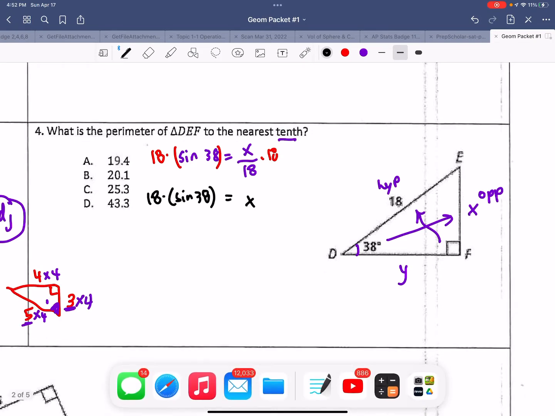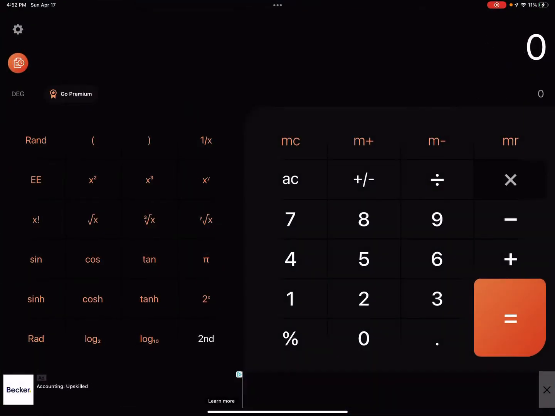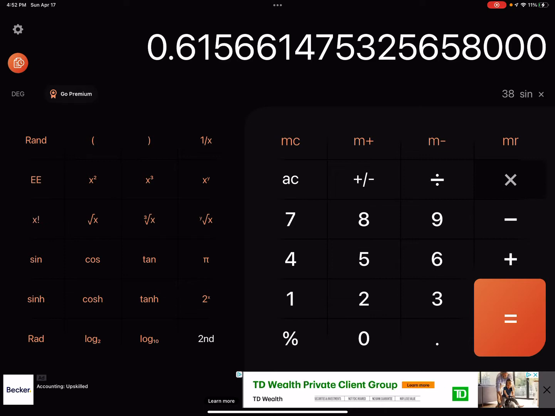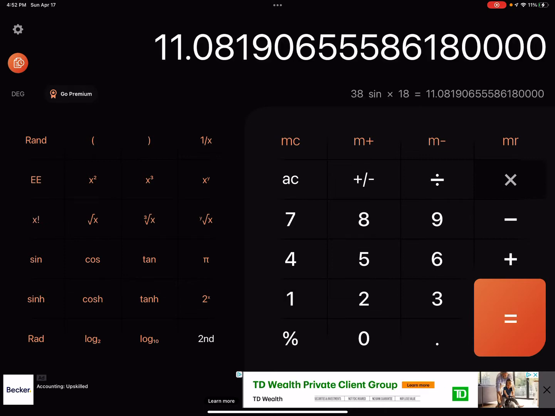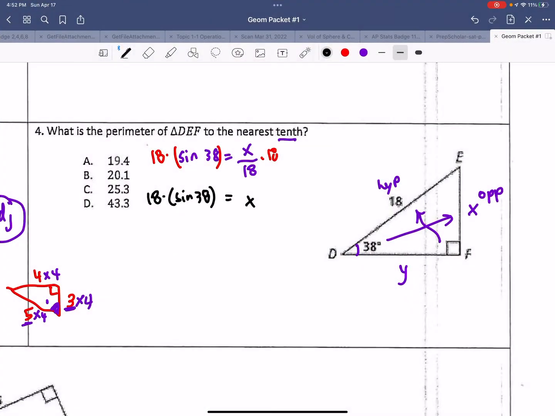Okay, so let's go to our calculator. The sine of 38 times 18 is 11.08. So this is 11.08. Now what would this be? You could use the Pythagorean theorem, or notice this is the adjacent side, so you could use the cosine.